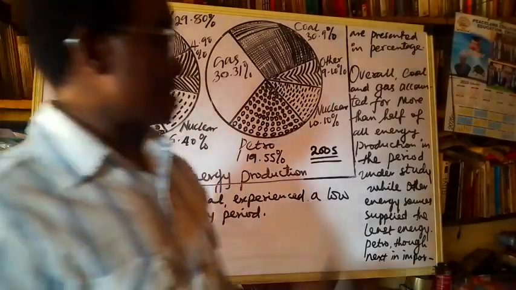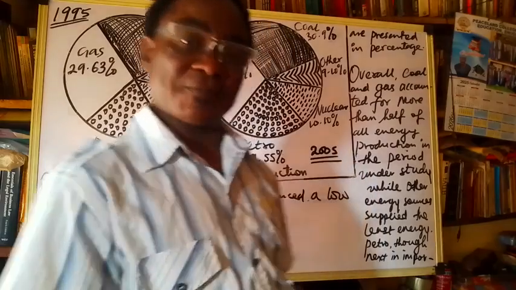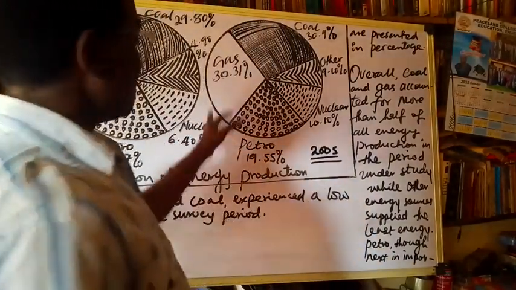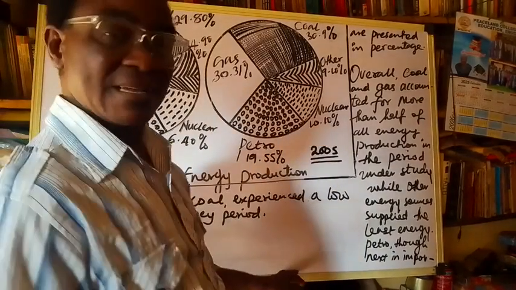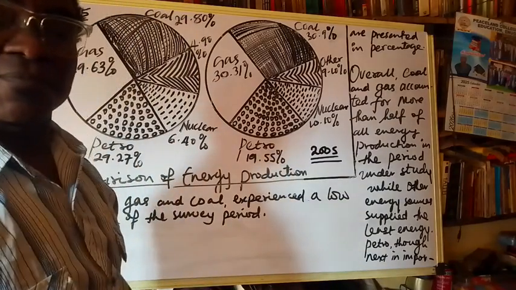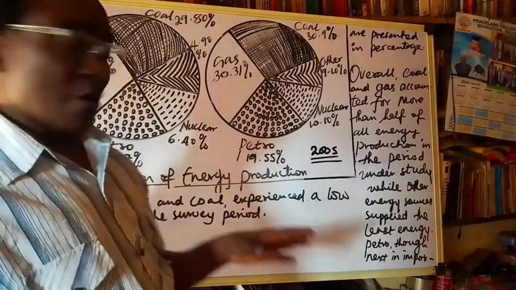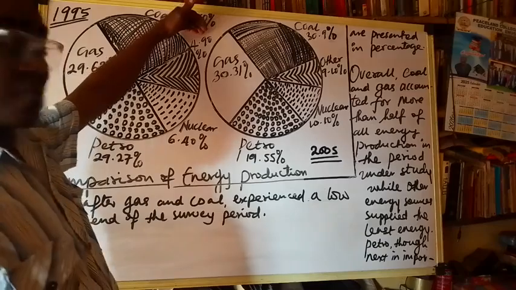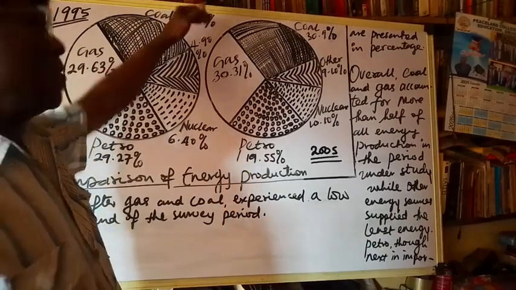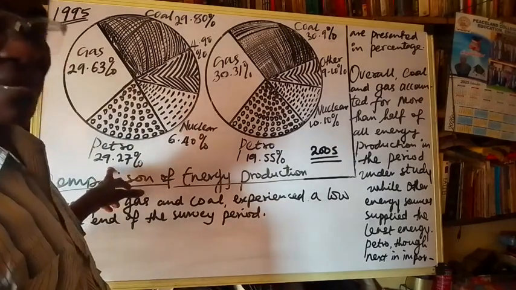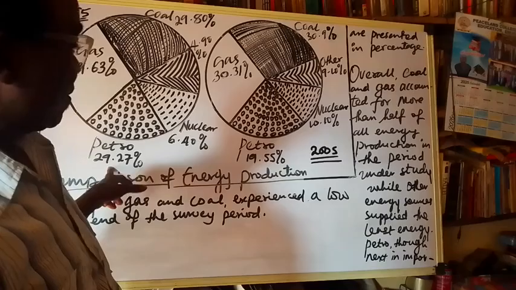We left it out because it is an unnecessary detail after we have said that other sources of energy recorded the lowest production at the beginning of the study, while petrol came next after gas and coal.